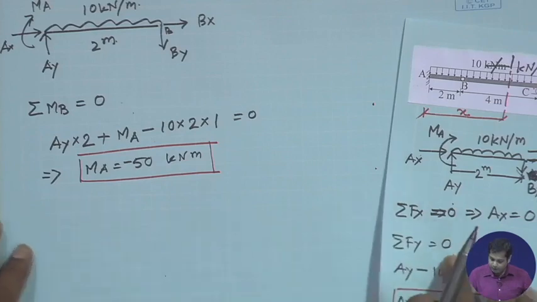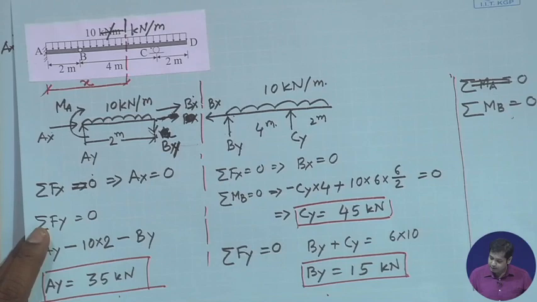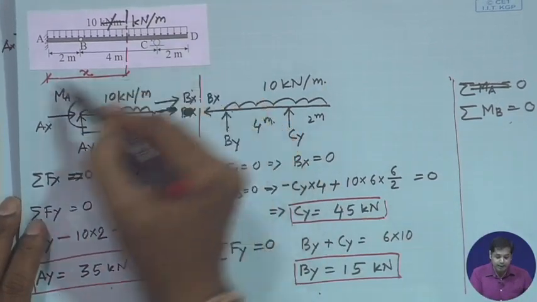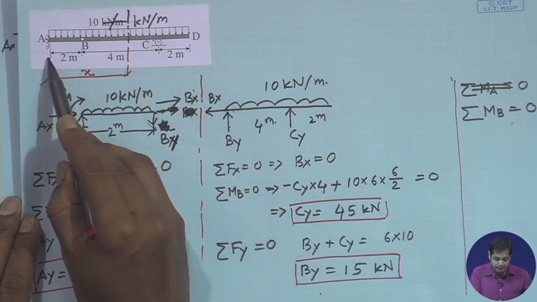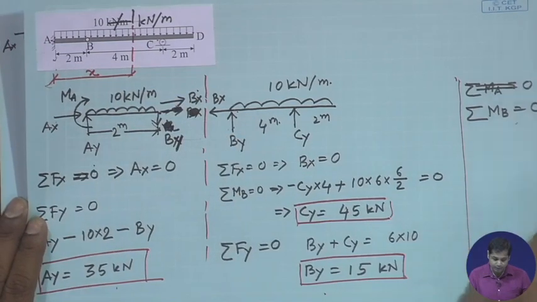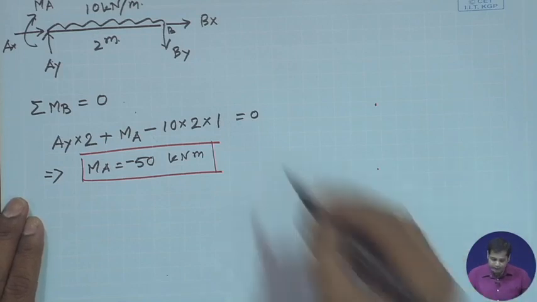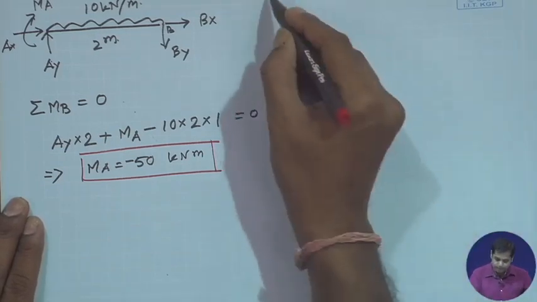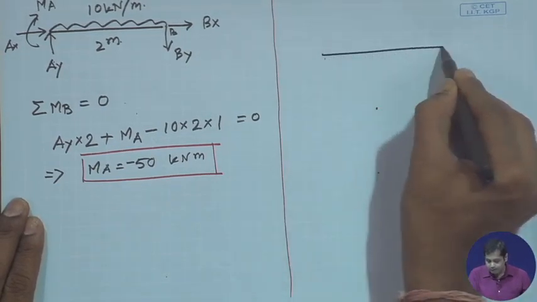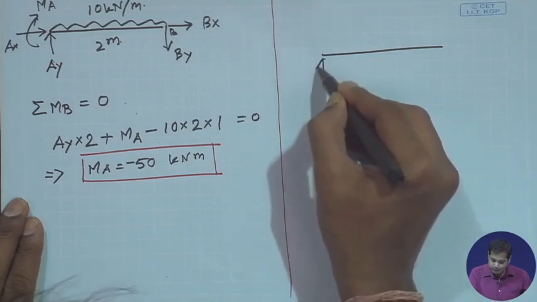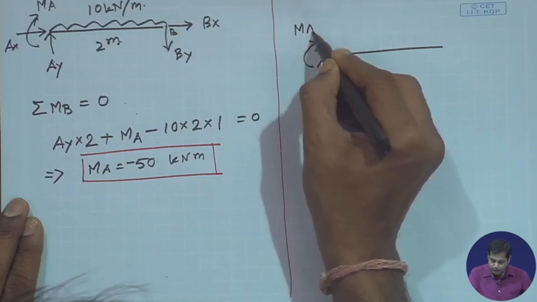Now let's find out the bending moment and shear force diagram. Take a section here at a distance x from A, and this x varies from A to C, meaning x varies from 0 to 6 meter. The free body diagram will be like this. Ay, and Ax I am not showing because Ax is 0.